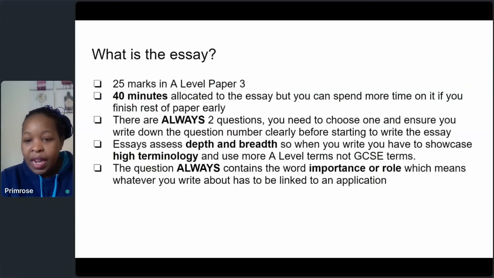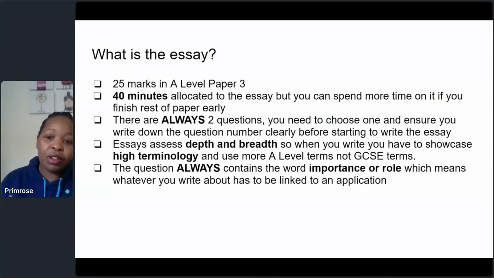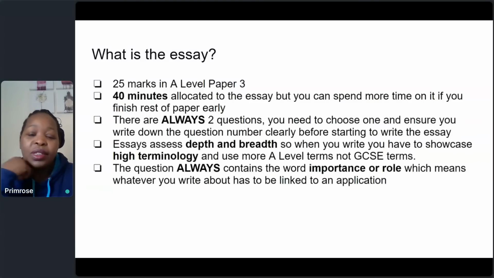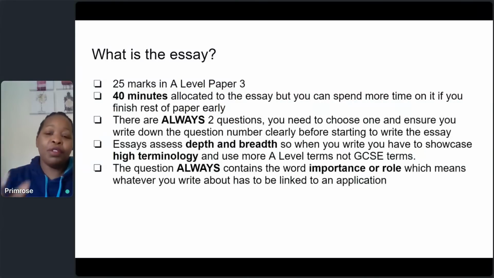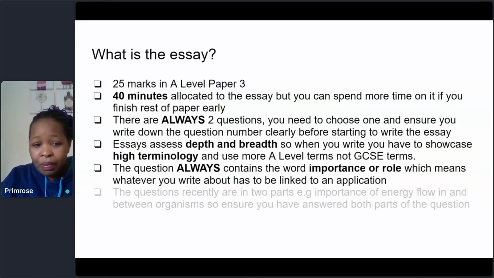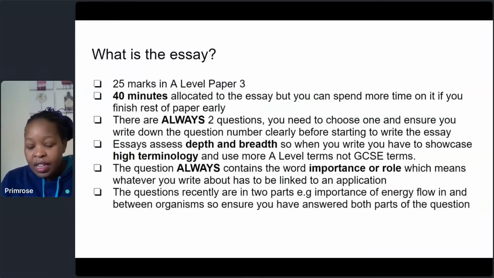All the questions now, since I think 2016, have the word importance or role, because they got feedback that students were not sure what the question was asking. So they now all start with importance or role, which means that every single paragraph you write has to be linked to an application. Sometimes you can miss part of the question.